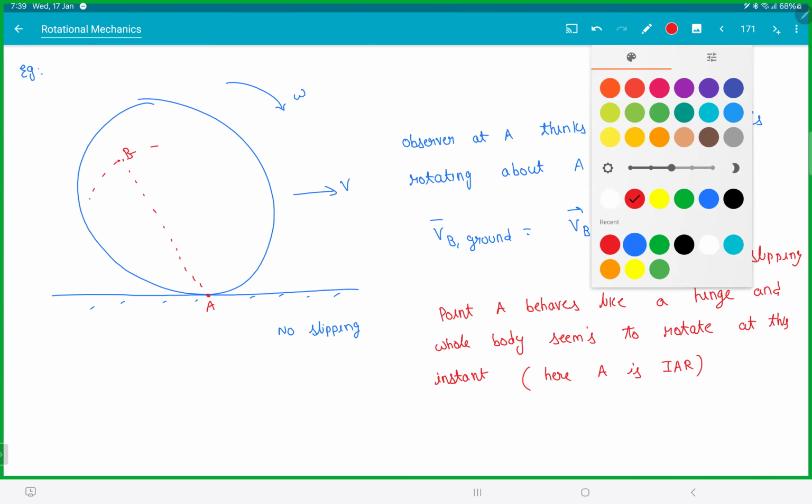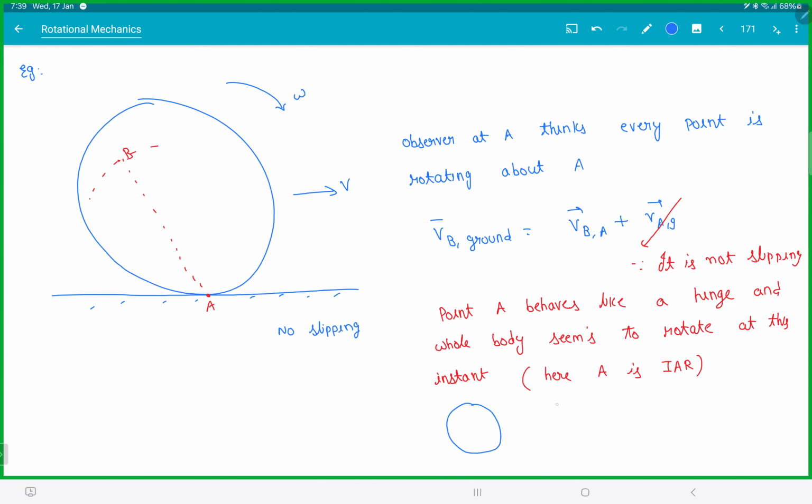Now you need to understand the point A is not constant. Initially A is IAR. After that point, A must have gone here, so this is your IAR. After some time, A must have gone here, and this will be IAR. So IAR is basically the point on the ground.